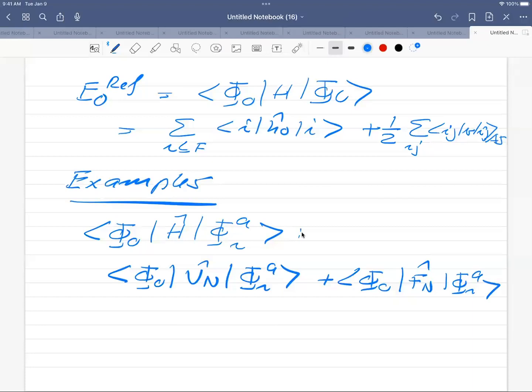And then we know that since these reference energies are constant, and we have assumed that phi 0 multiplied with phi I a, and then we have the E0 reference, so this is just a constant, and this overlap is equal to 0. So E0 ref does not contribute to that term.